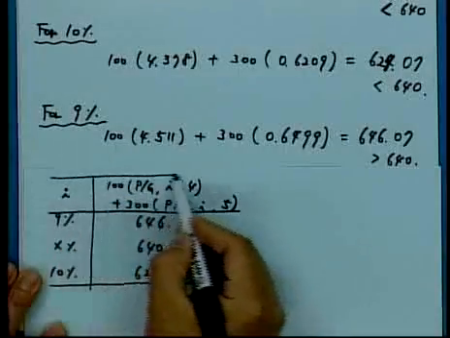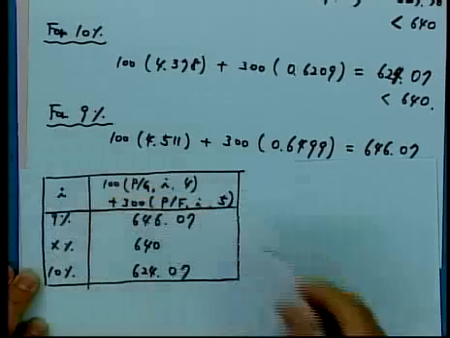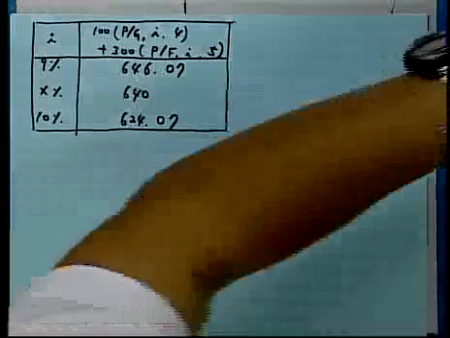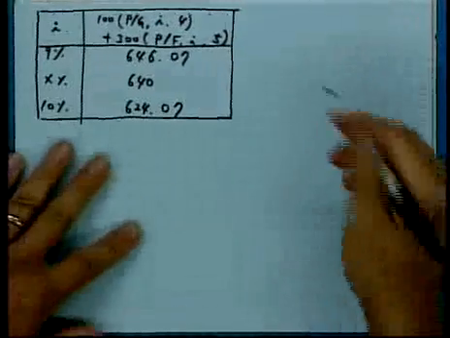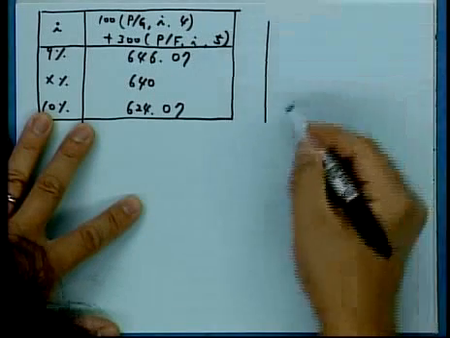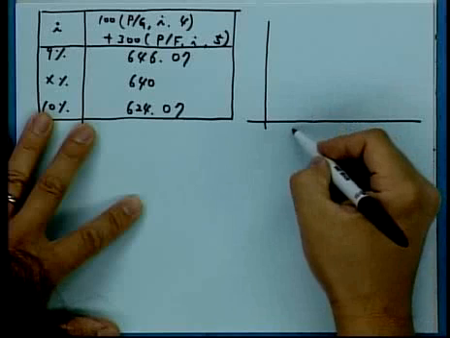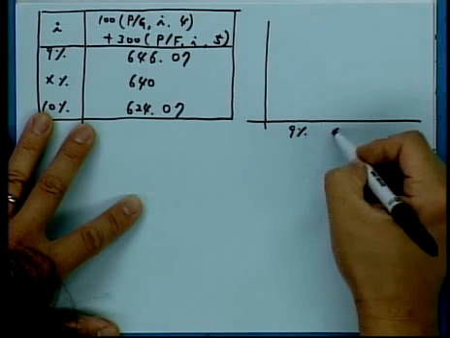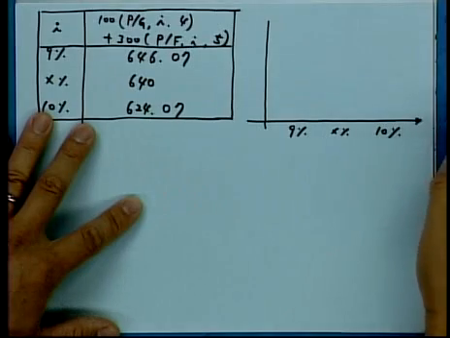So based on this, we can draw a simple diagram. So here 9%, X%, and 10%.